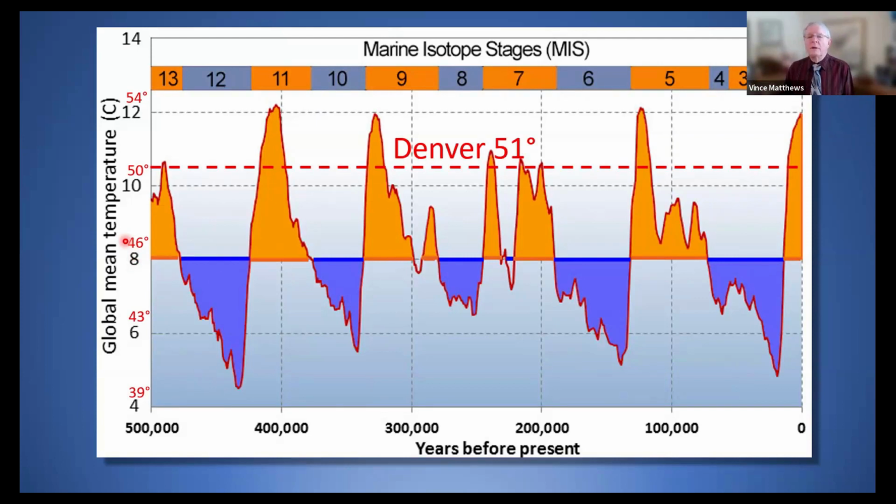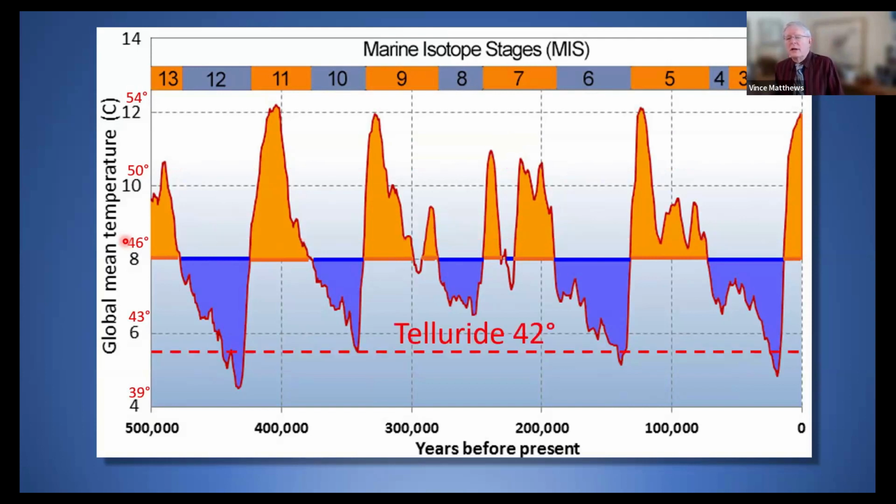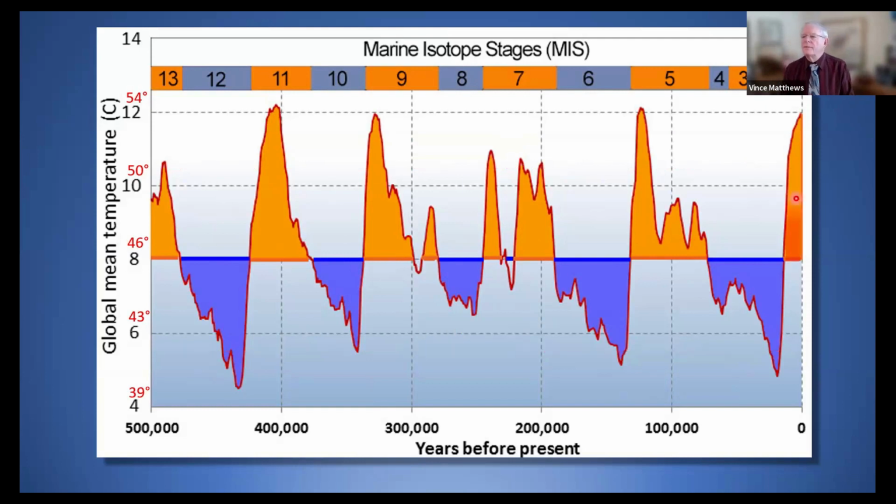And so that would be consistent with an interglacial period's warmth. And Durango is about 47 degrees. And the average temperature in Telluride is 42 degrees per year. And that's close to an ice age temperature. But of course, the average temperature in Telluride isn't the global temperature. So we're not in an ice age, we're in an interglacial.